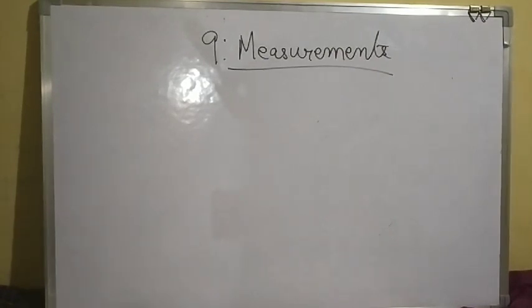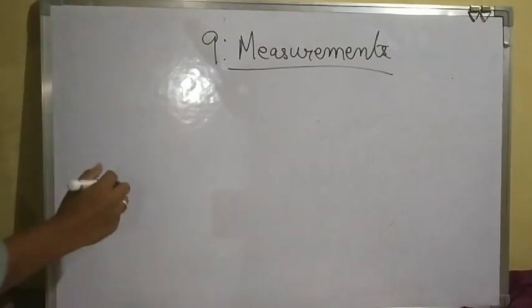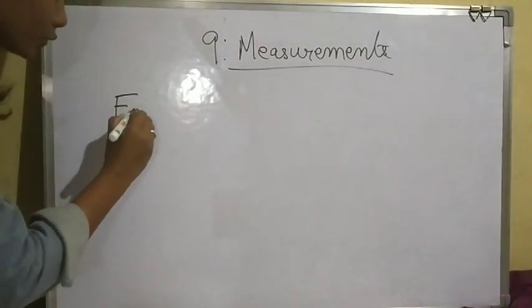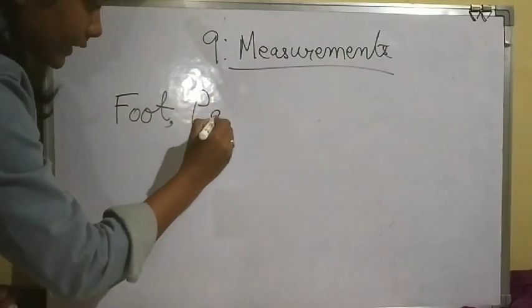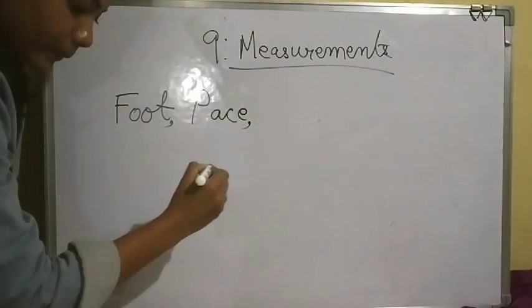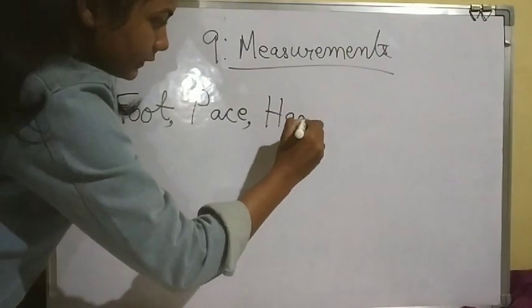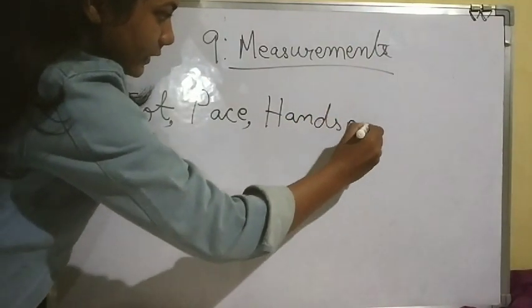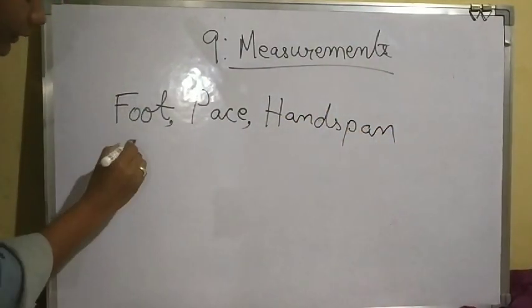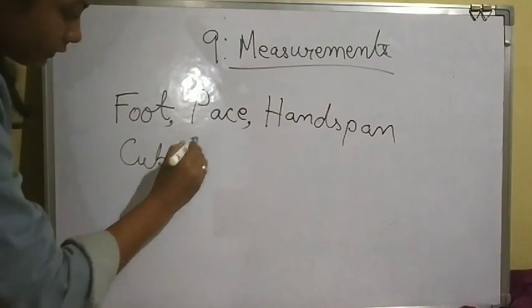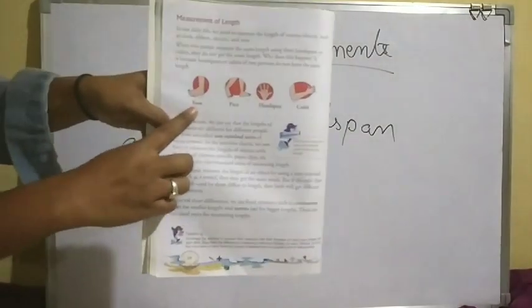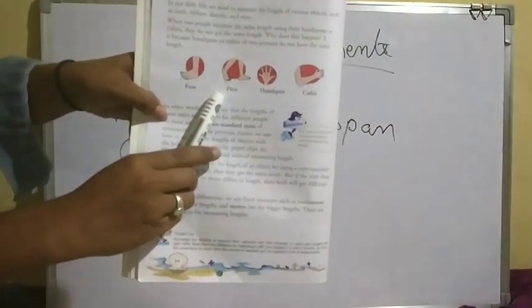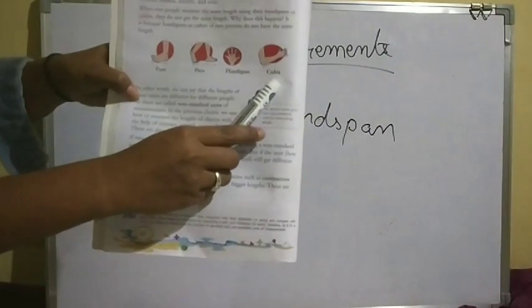Now, earlier times what happened? Foot, then pace, then handspan, and cubit. Okay, so you can see in your book foot, pace, handspan and cubit.